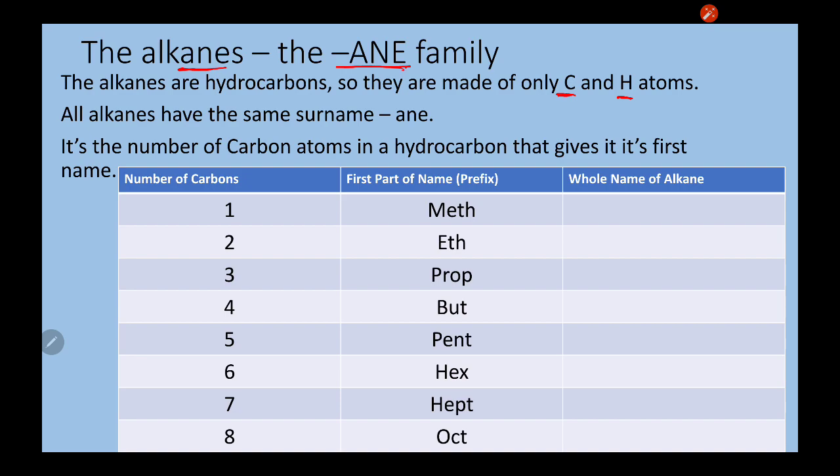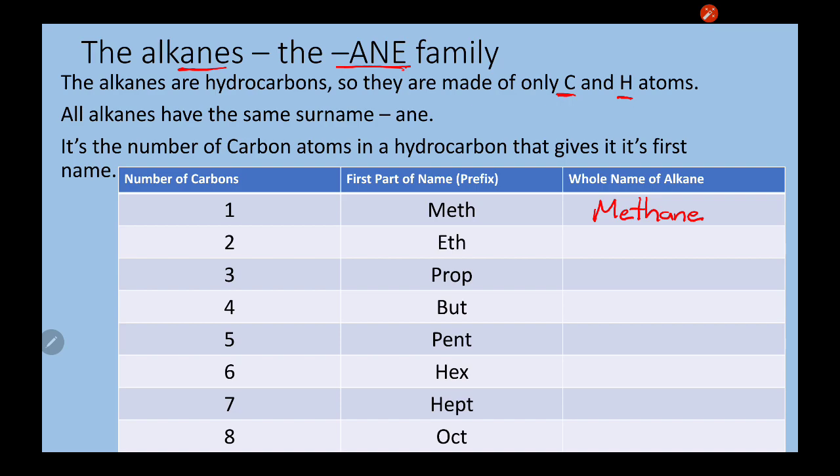So if you've got 1 carbon in your alkane, the name is meth, which means that when you put the first name and the surname together, you end up with the whole name of the alkane being methane. Now, unlike us, they don't separate the first name and surname. It's all the one thing.